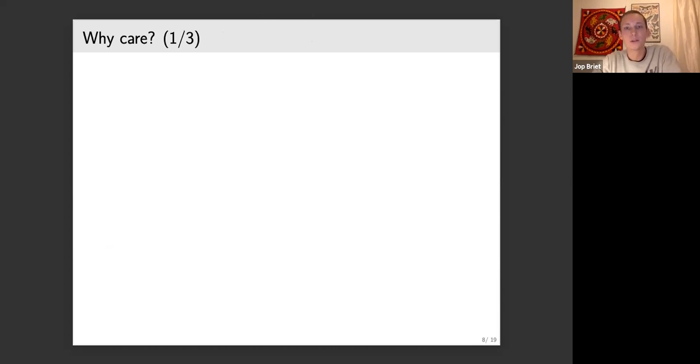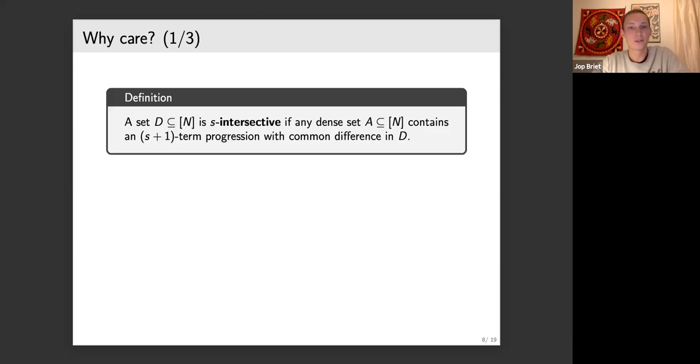That has to do with certain special versions of Szemerédi's theorem based on things called intersective sets. Let's say that a subset of the integers between 1 and n is S-intersective if any dense set contains an (S+1)-term arithmetic progression whose common difference lies in this intersective set.